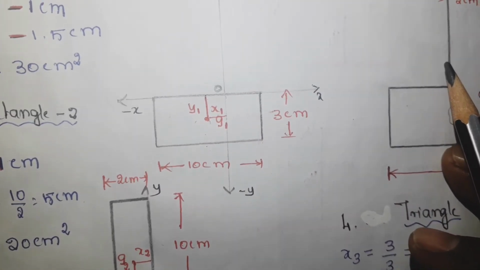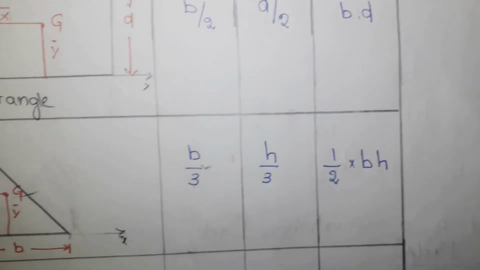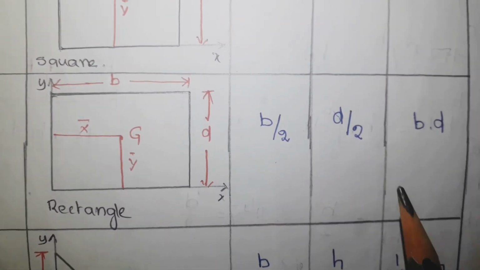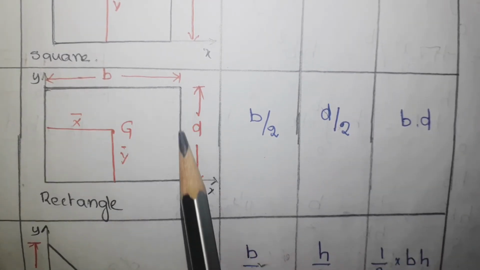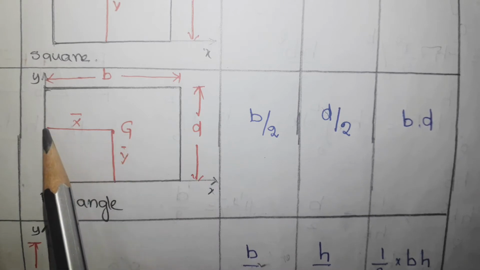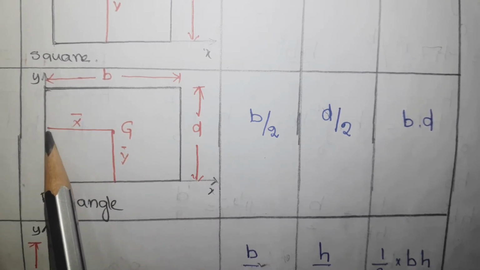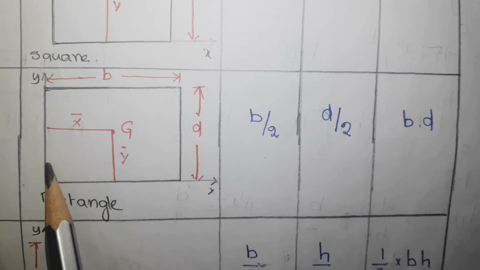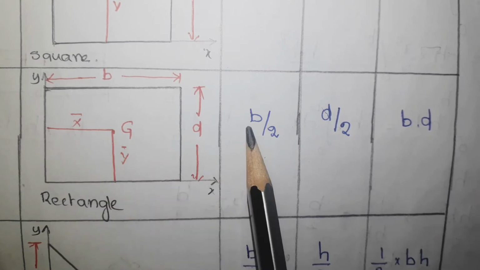Now we know the centroid of a rectangle. Let me take the same figure. So this is the rectangle, this is B and this is D. From this end of the rectangle, which is lying on the y axis, from the y axis to G it is B by 2.